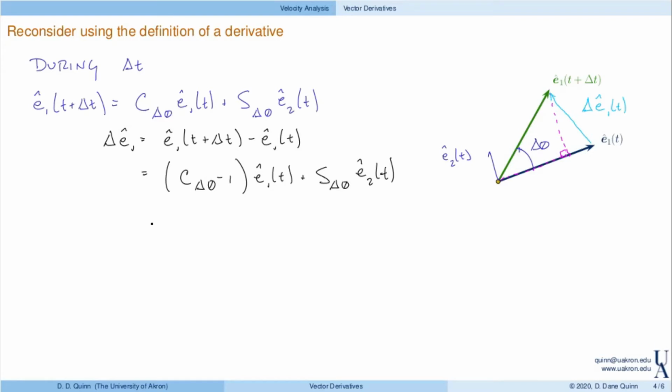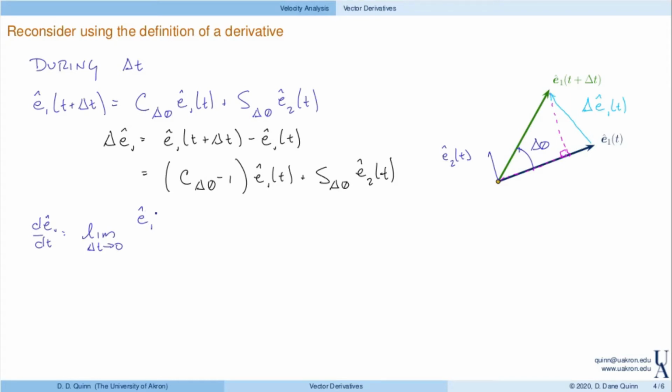So going back to the definition of the derivative, it's the limit as delta t goes to 0 of the displacement divided by delta t, right?